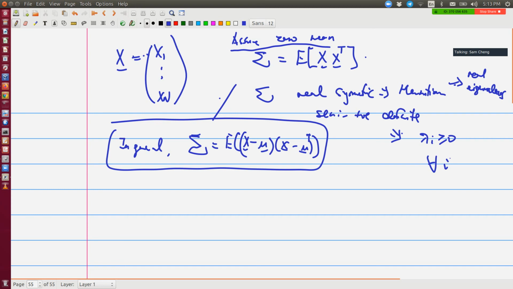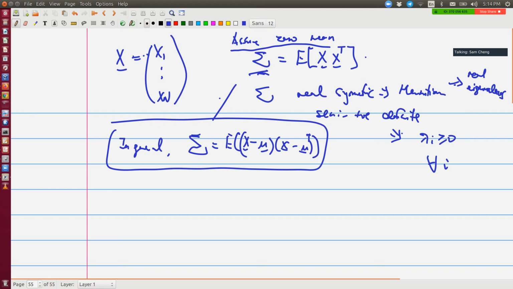If we can find a lambda less than 0, then it won't be a covariance matrix. For the case when we study this covariance matrix, the eigenvalue has to be non-negative.